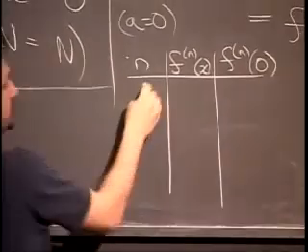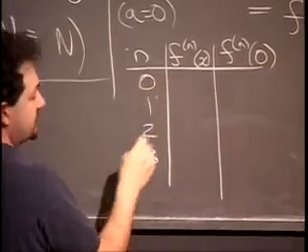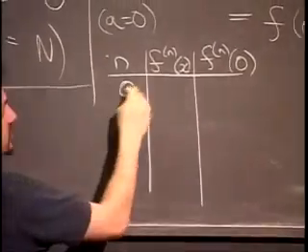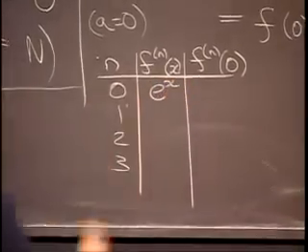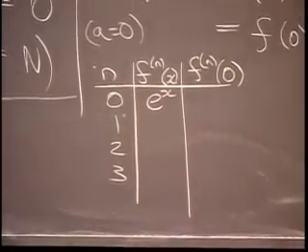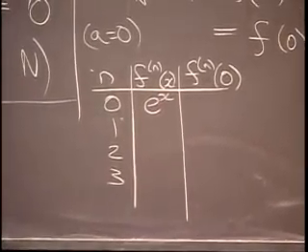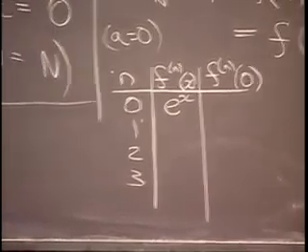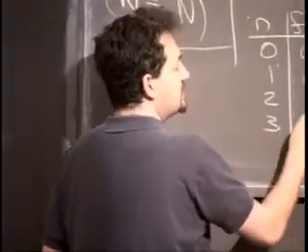And let's just do 0, 1, 2, 3 to get the idea. So the function itself is e to the x. Remember, the function is the 0th derivative. It's the same thing. 0th derivative, take no derivatives, you just get your function. However, the first derivative is e to the x. The second derivative is e to the x.